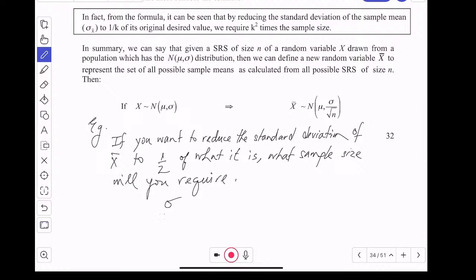So let's say you have the standard deviation of x bar, and you want 1/2 of that.